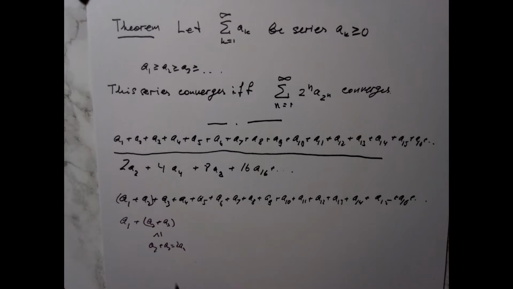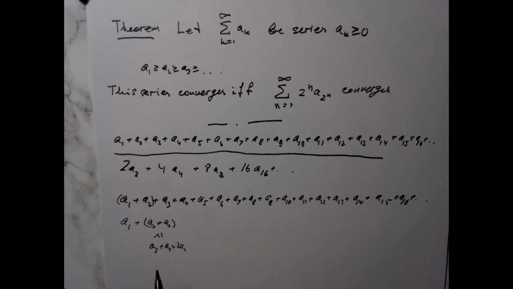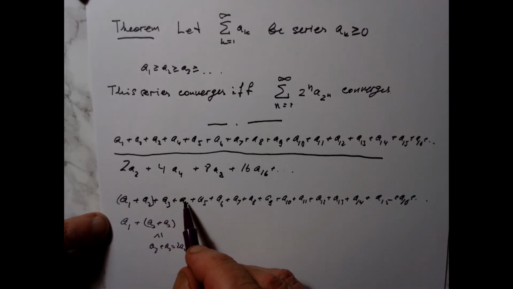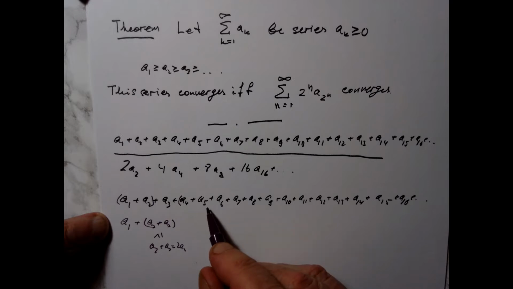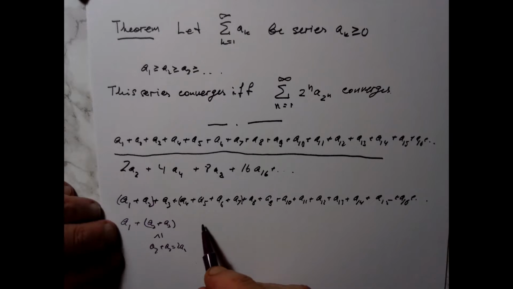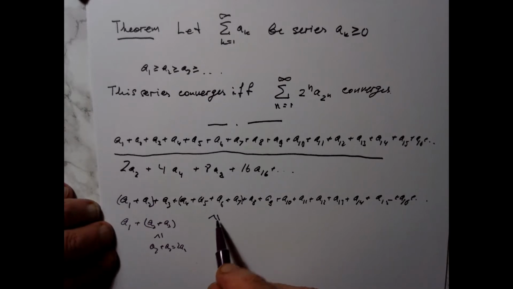So this particular term is less or equal than 2a2. Now let me look at the next terms: a4 plus a5 plus a6 plus a7, right? a5 is less or equal than a4, a6 is less or equal than a4, a7 is less or equal than a4. So this term is less or equal than 4a4.